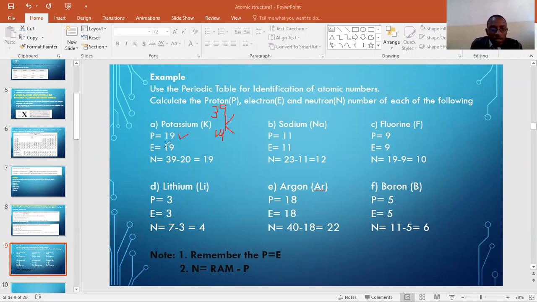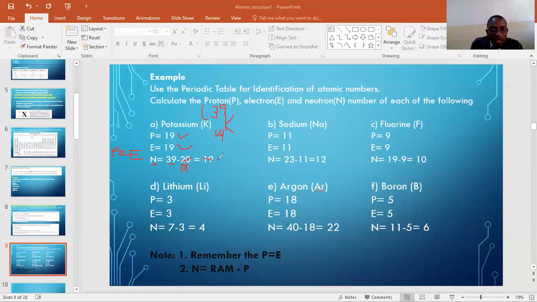How do you find the electron number? The P is equal to the E. So automatically this becomes 19. How do you find the neutron number? I said you get what is on top, which is 39. I have noticed there's a mistake there. From 39, this is supposed to be a 19, not a 20.